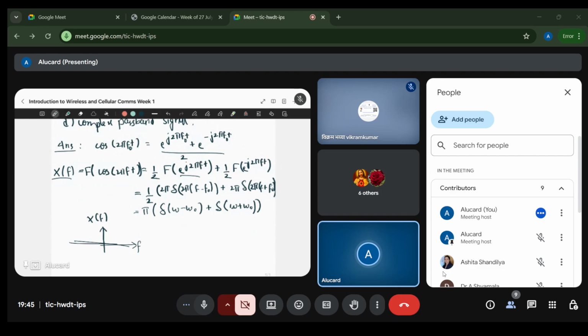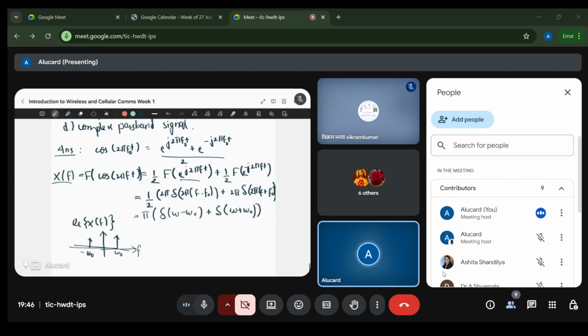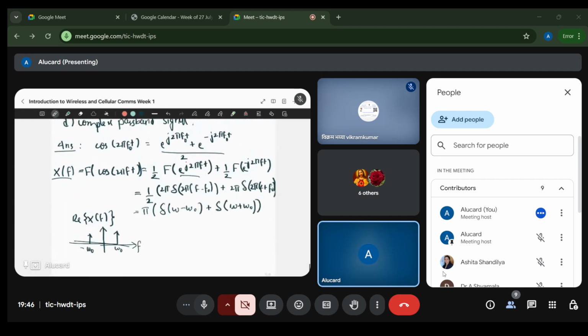If you take the real part of x of f versus f, you have one impulse at omega 0 and another impulse at minus omega 0. So this is the Fourier transform of a cosine signal. Similarly, if you do it for a sine, you'll get something like this.